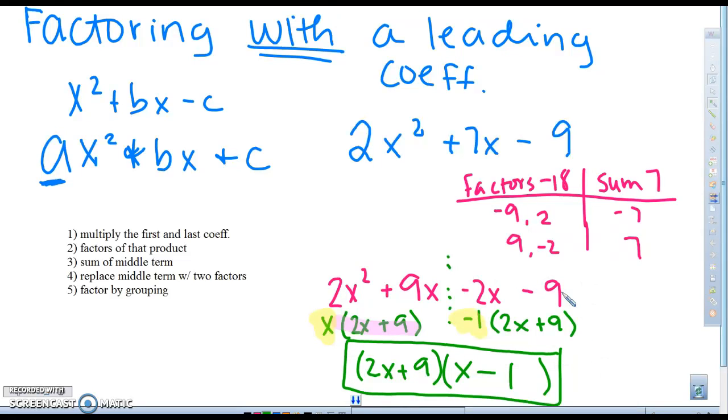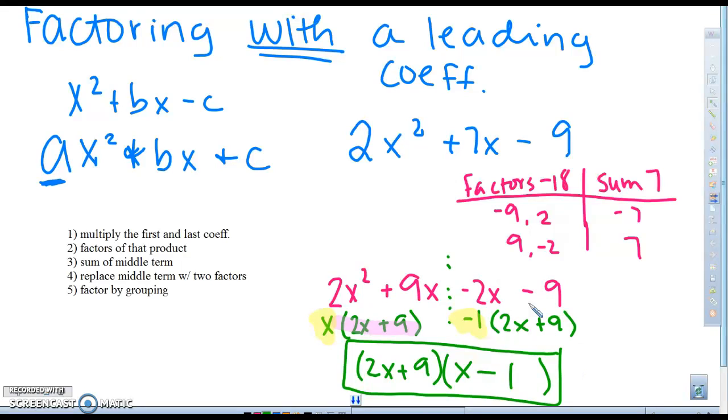That's a lot more steps now that it has a leading coefficient. I'm combining the factor chart that I did with factoring without a leading coefficient with factor by grouping to get one solid good answer. Now, how do I know if this answer is correct? Well, I can always check it by FOIL.